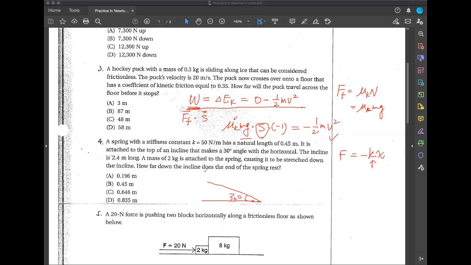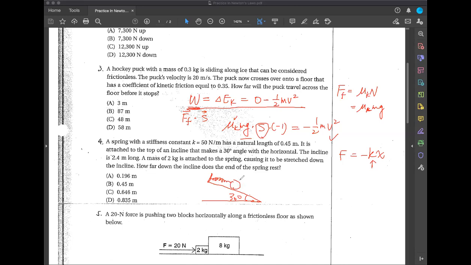And at the top, it's attached with a spring. A mass of 2 kilograms is attached, whatever it is. So we have a mass attached on the spring.